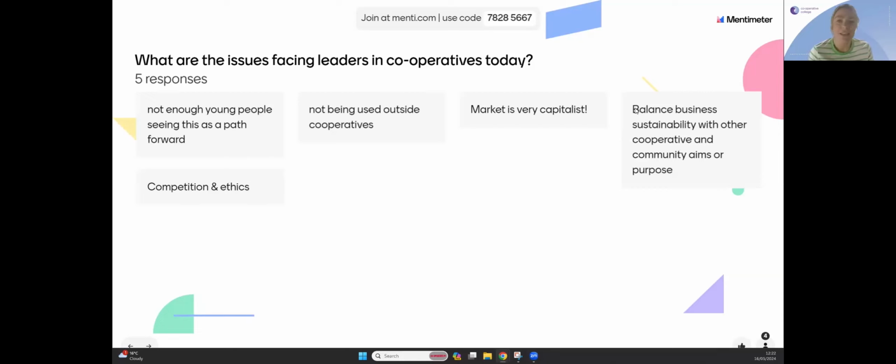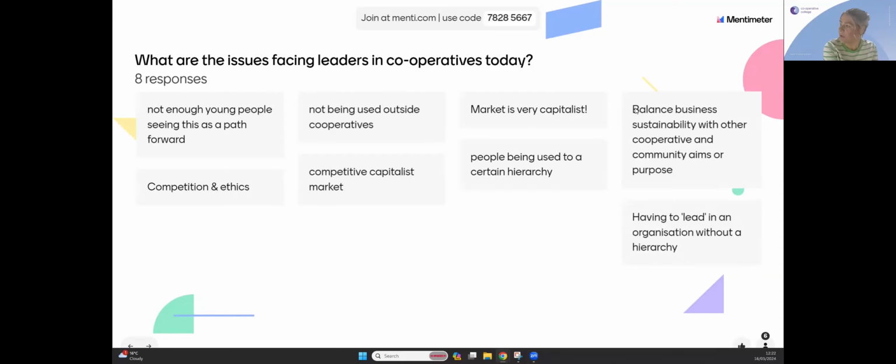Okay. So thank you for adding your answers on. If you're still typing, just carry on, it's fine. So yes, we've got some reference there to the market being very capitalist. It absolutely is, isn't it? There's a lot of organisations who are very corporate, very driven by the finances, which sometimes they have to be.